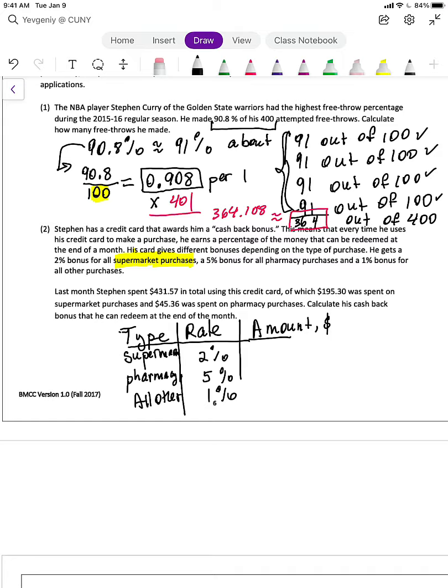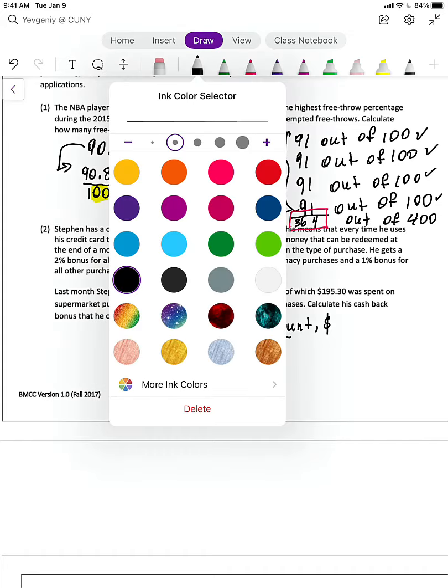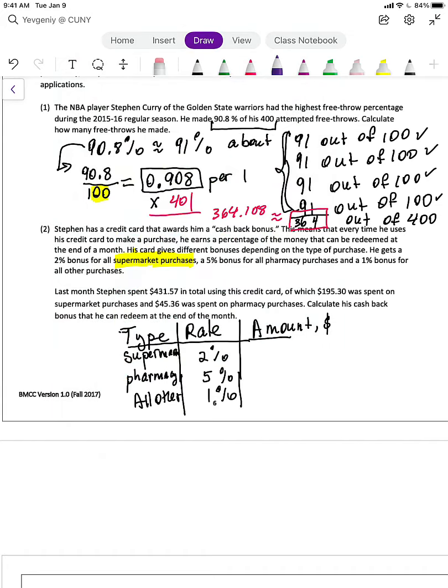All right, so let's go ahead and now write down the amounts that he spent in each of those. So he spent $431 altogether last month, of which $195 were spent on the supermarket. $45.36 were spent on the pharmacy purchases.